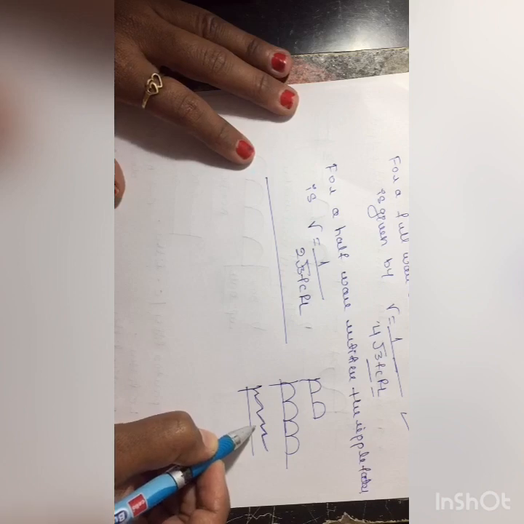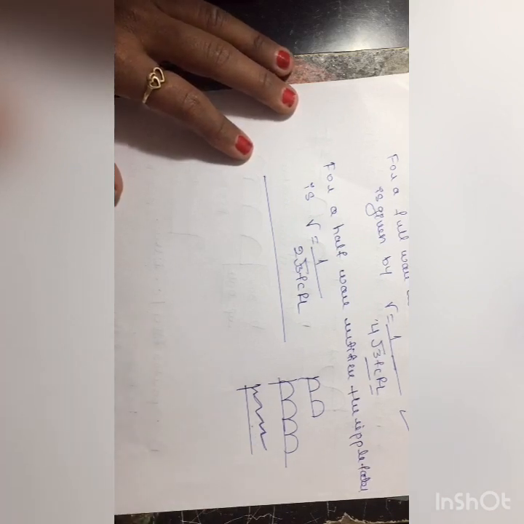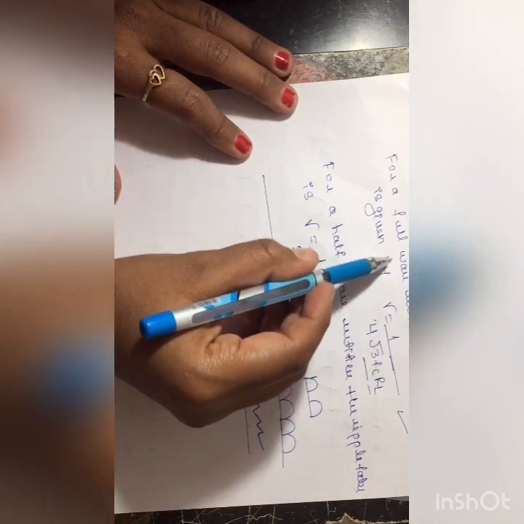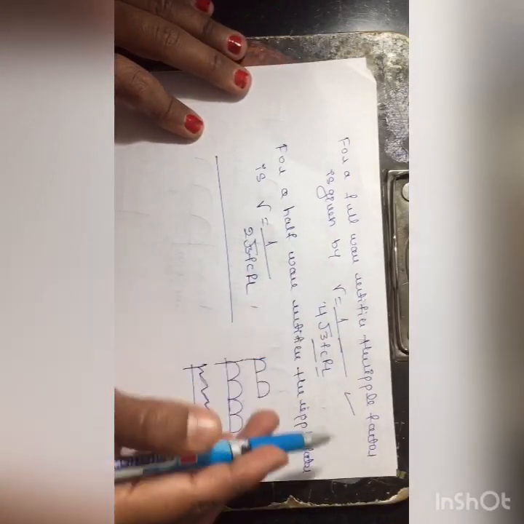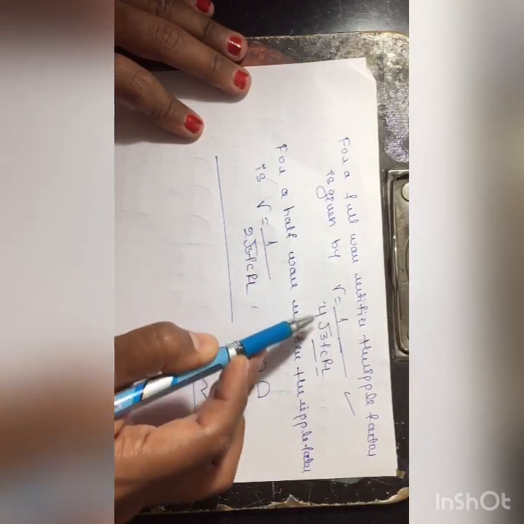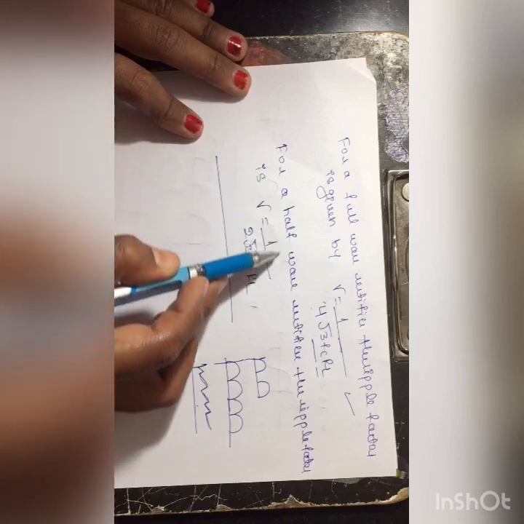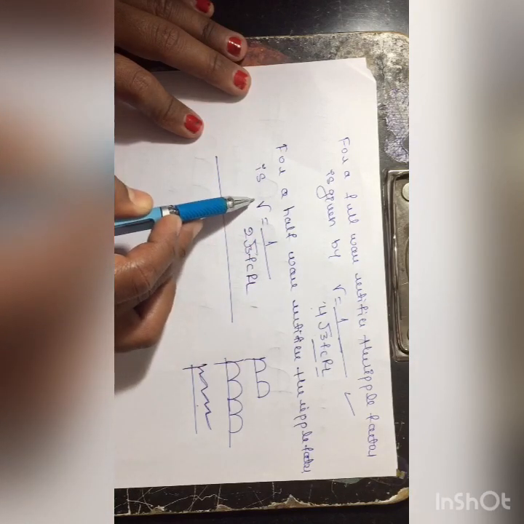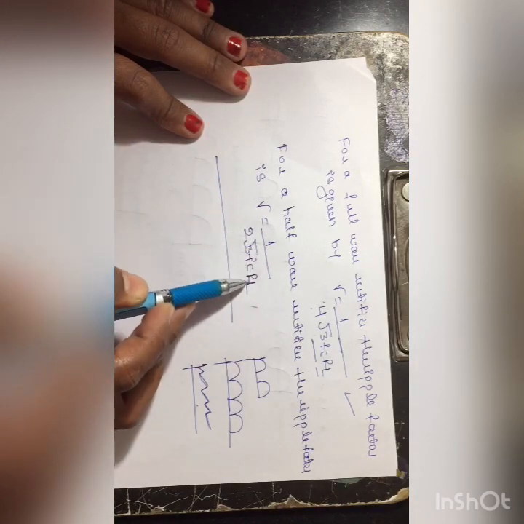That's why we use the filter. The first filter is the capacitor. For the full wave rectifier, the ripple factor is 1 by 4 root 3 F C R_L. For the half wave rectifier, the ripple factor is 1 by 2 root 3 F C R_L.